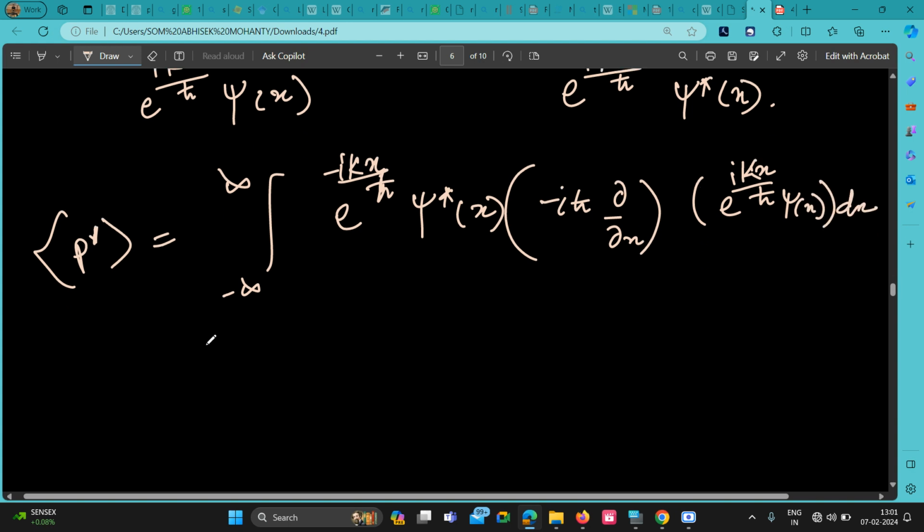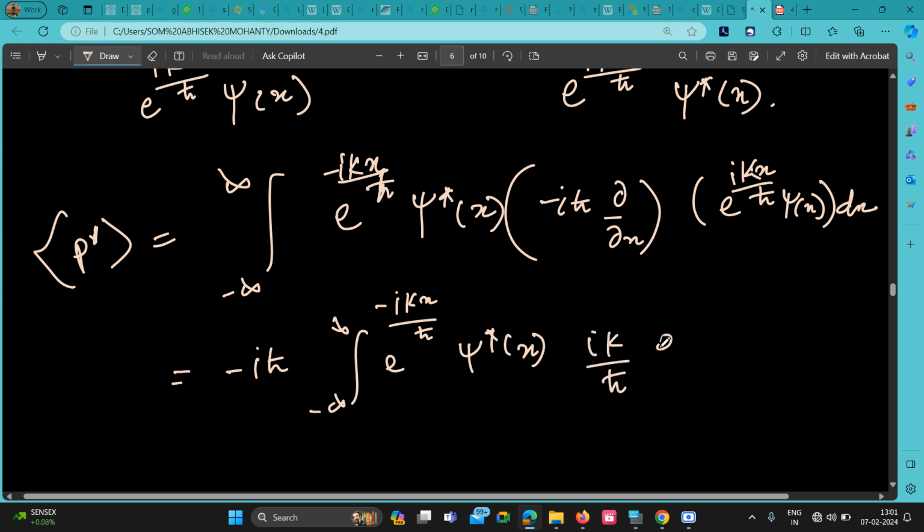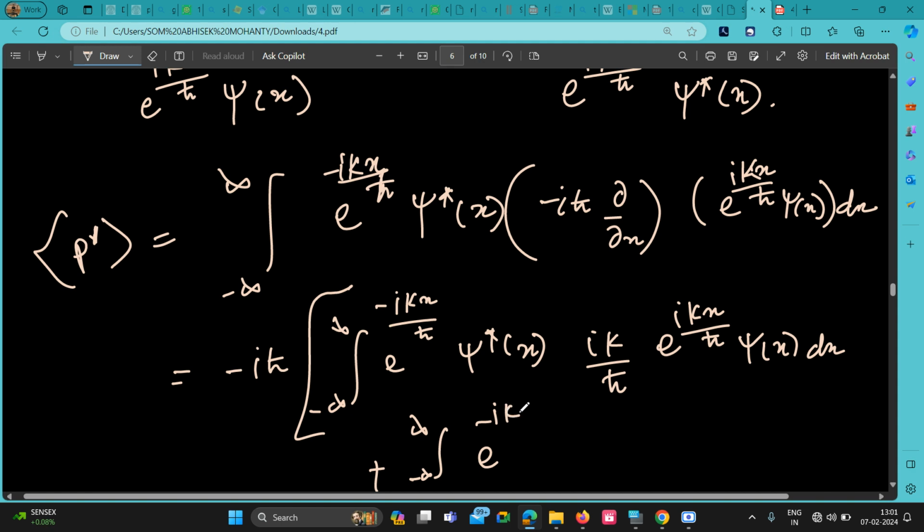So minus i h cut goes out, integral of e to the power minus i k x by h cut psi star x del by del x: this one will be i k by h cut e to the power i k x by h cut psi x dx, plus the integral of e to the minus i k x by h cut psi star x e to the power i k x by h cut del psi by del x.